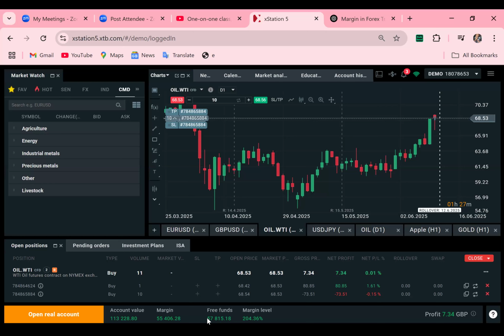Do you know the reason? It means more of my capital has been taken to hold my position, because I bought with more units, more volume, more lot size. So now I'm going to make more money should this market move up.